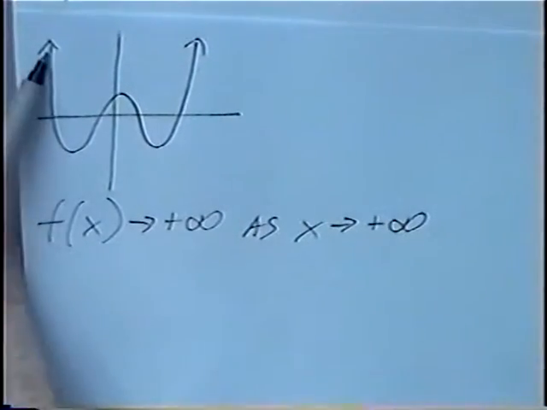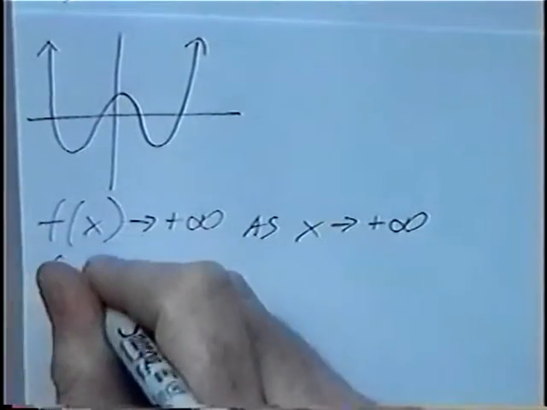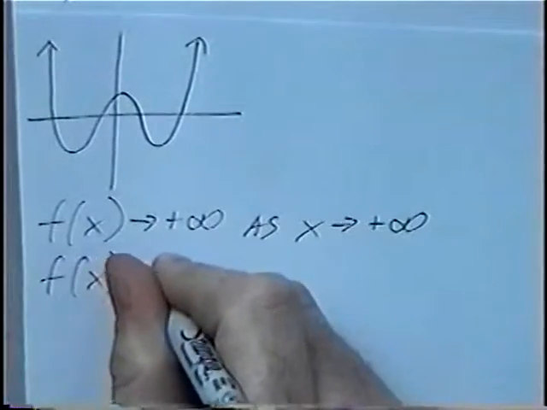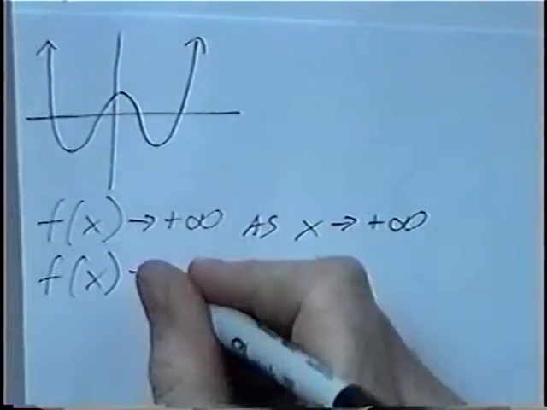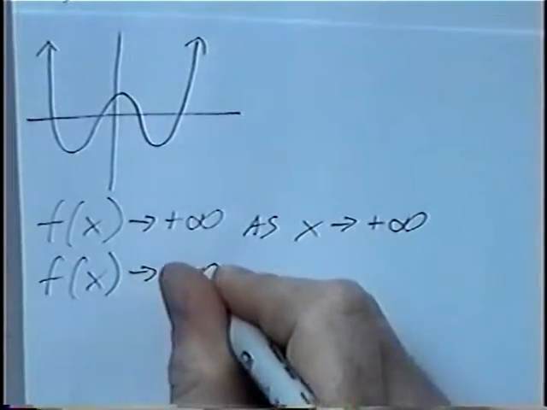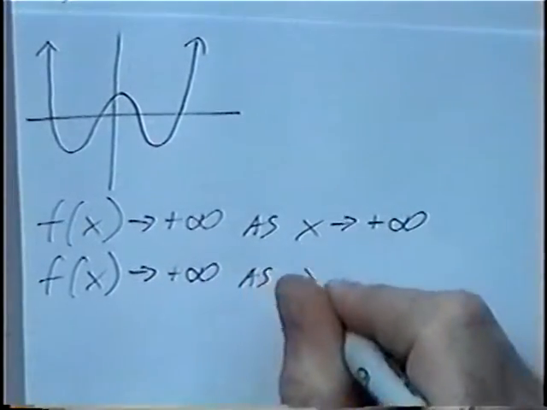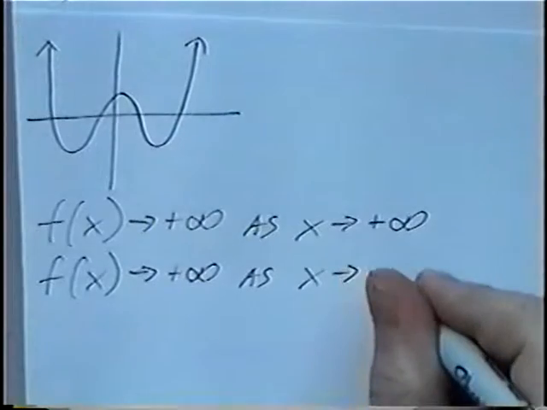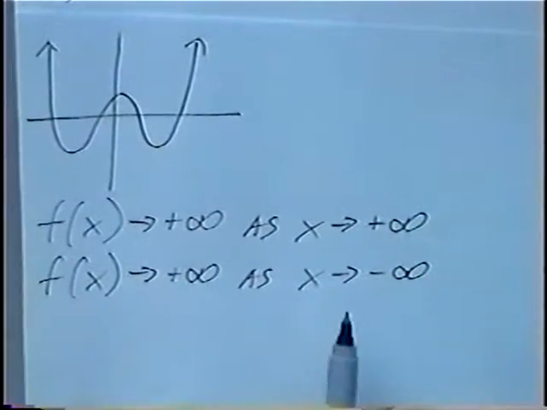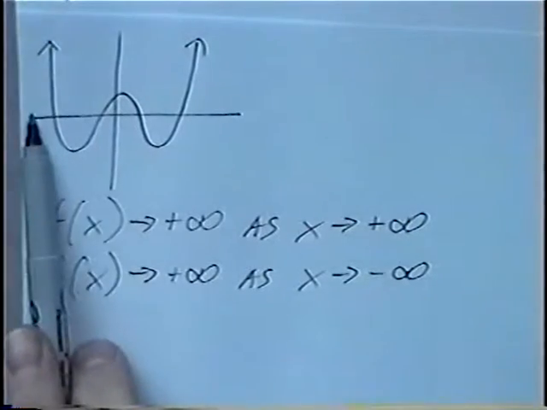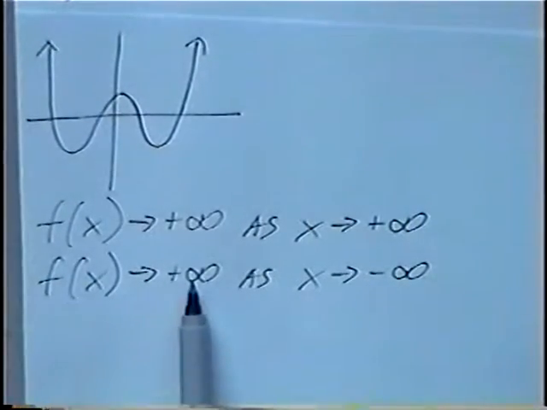And the second end behavior, the left-hand side, f of x goes to. The left side also goes up to the top, or positive infinity, as x goes to negative infinity. For the left side of the graph, the x values would be negative, or go to negative infinity. The graph also goes up to positive infinity.